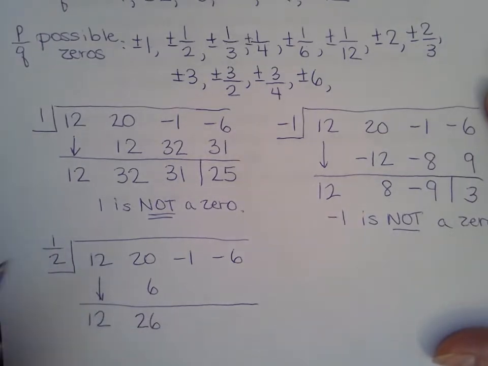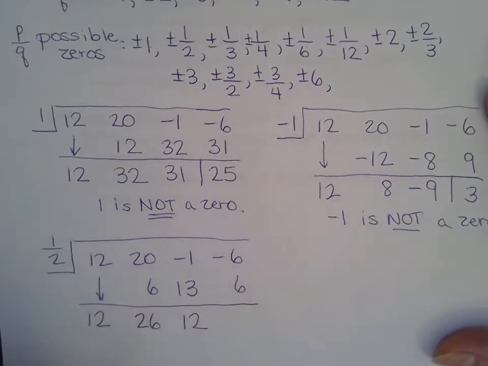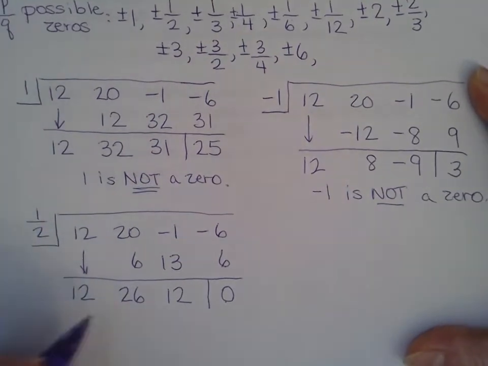Half of 26 would be 13. Add down would be 12. Half of 12 would be 6. Negative 6 plus 6 gives us 0. That makes us super happy, okay, because the remainder theorem says if this is 0, 1/2 is a 0. So we found one.